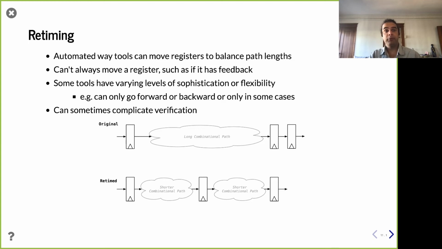Because let's say, for example, you say, I'm going to verify that my design has the right value in every register and every cycle internally. Good idea, perhaps, if you don't trust some of these other optimizations. But now that you move what a register is, what it's holding is actually going to be different, right? And so retiming is really good for optimization reasons, but for verification reasons, you've caused some people some headaches, right?